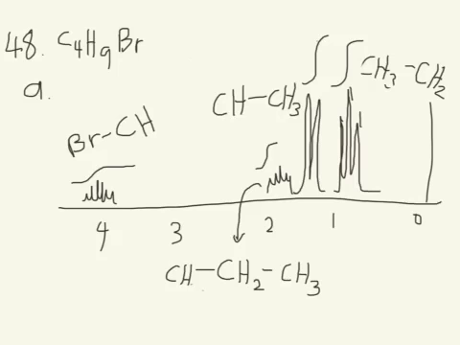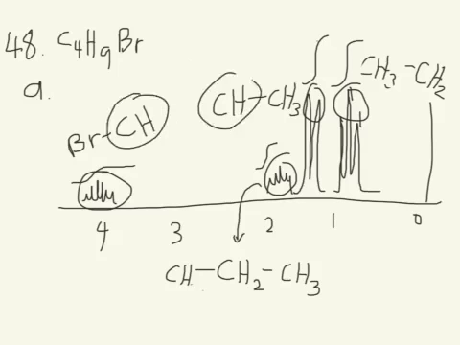So now we know that in this compound there's definitely 2 different CH3s. We saw that in that signal and that signal, and there's 1 CH2 and 1 CH. So now it's just a matter of putting it all together. We know if there's 1 CH, that this CH is the same as this one. And that's the one that is bonded to the bromine.